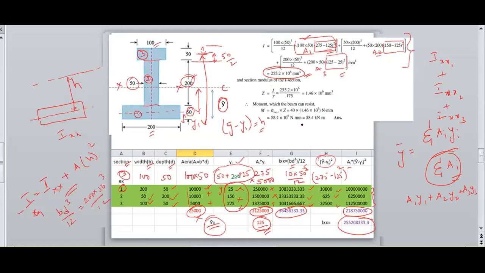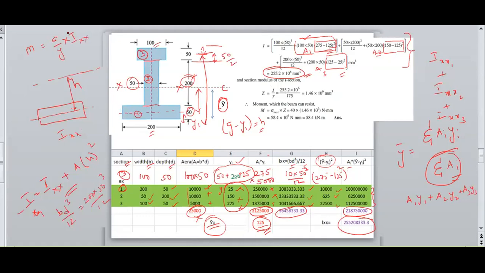After finding the moment of inertia, now I need to use a standard formula for the bending stress. I need to find out the M only. M is equal to stress by Y into Ixx.